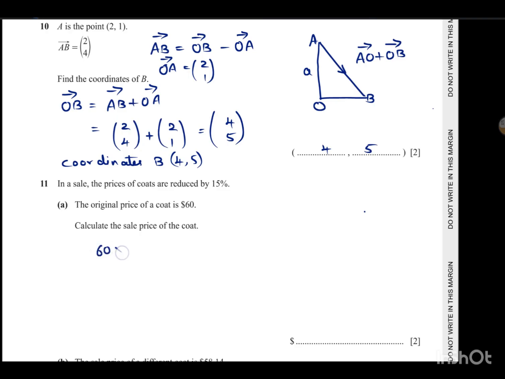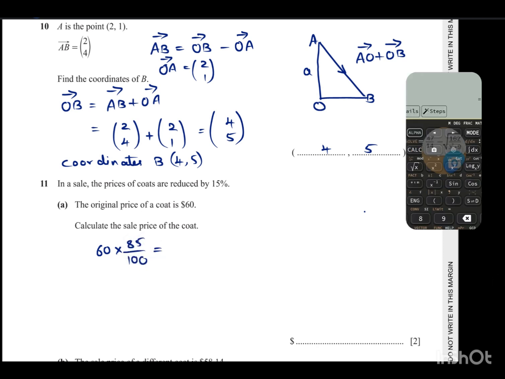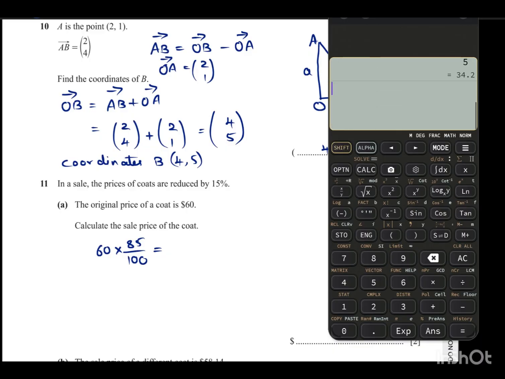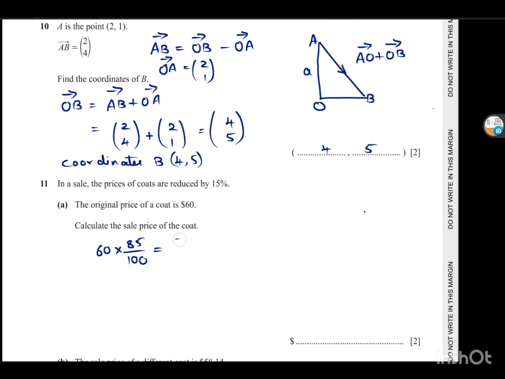So 60 times 85 by 100 is equal to 51. So $51 is the price which was reduced.